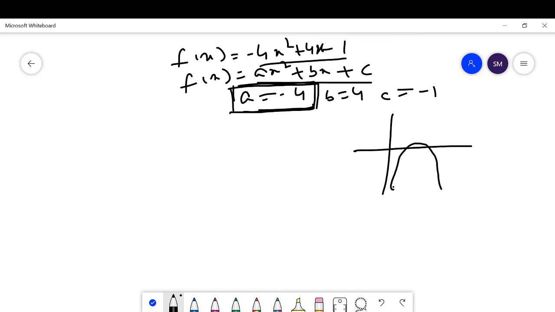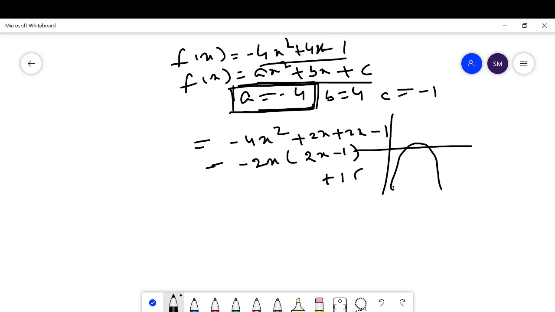Here also we have minus 4x square plus 4x minus 1. If you factorize, this is minus 4x square plus 2x plus 2x minus 1. Then minus 2x common: minus 2x(2x minus 1) plus 1(2x minus 1), which is minus (2x minus 1)(2x minus 1).